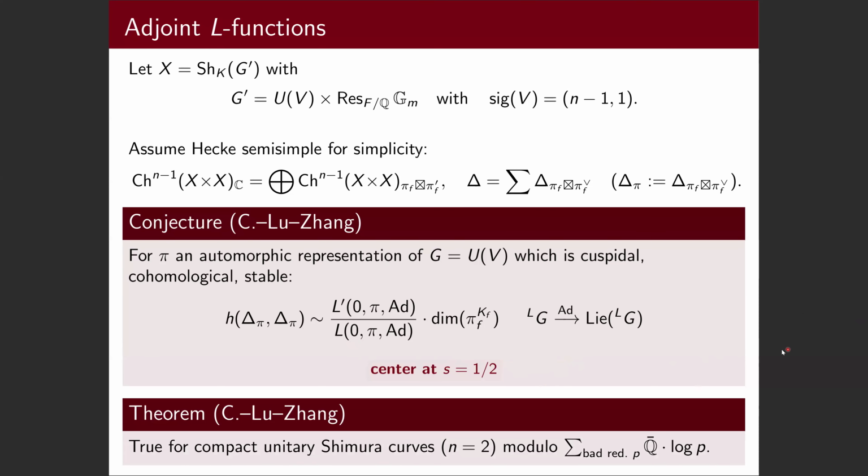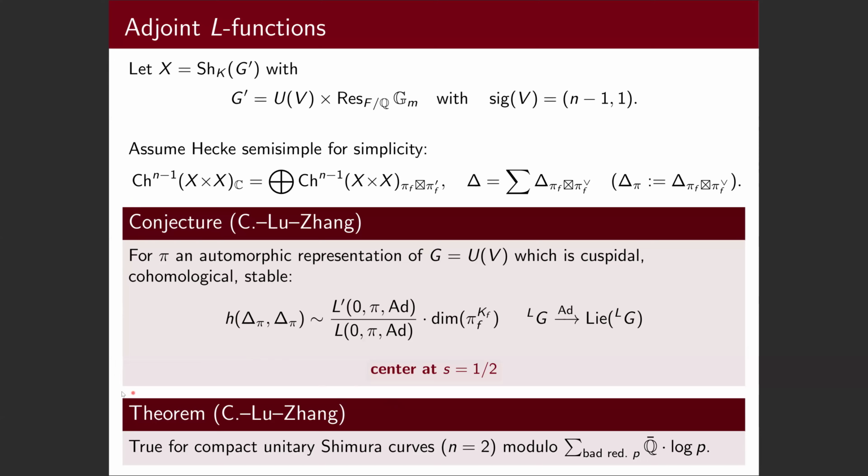Is there a question? Yes. The height of delta_pi: is there an issue defining it if the Shimura variety is non-compact? Yes, technically there's definitely an issue.